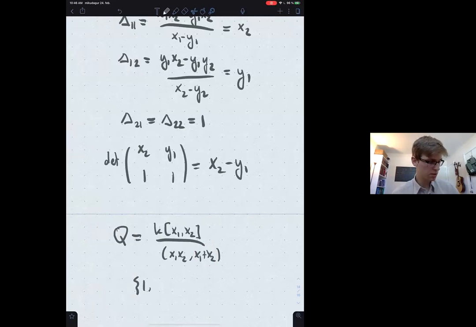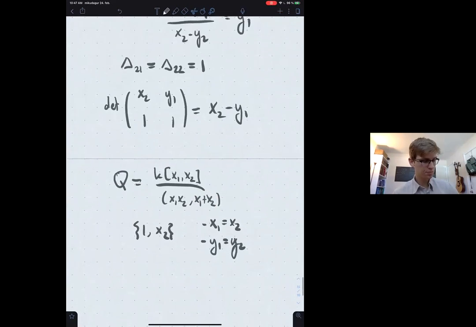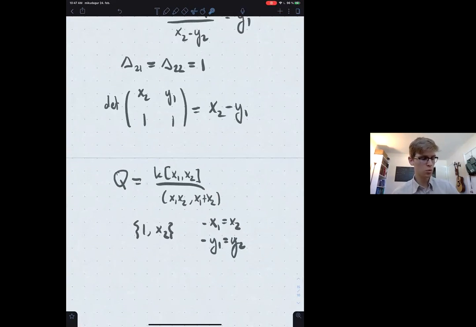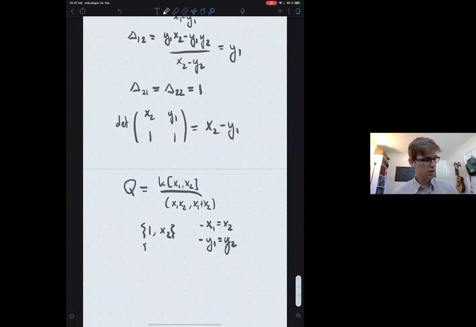So I'm going to pick my basis to be 1 comma x2. And then this tells me that negative x1 is x2, negative y1 is y2, where I've just swapped out my x's for y's in this basis. And so with respect to this basis, the Bézoutian is presented as x2 plus y2.